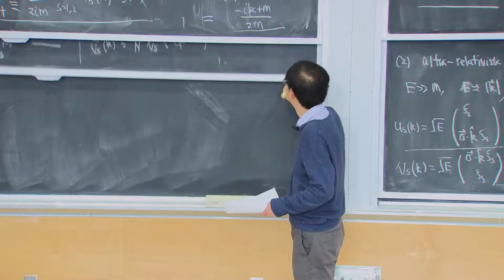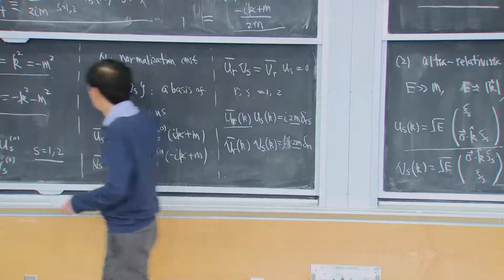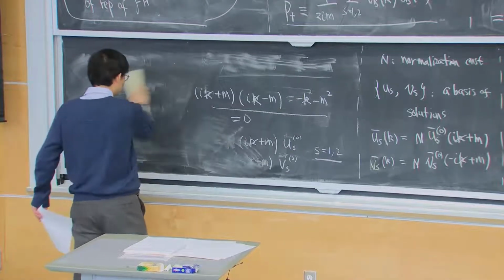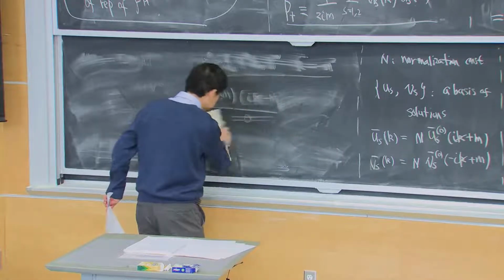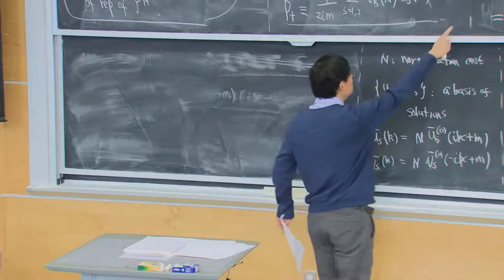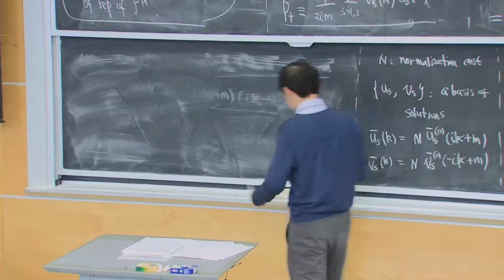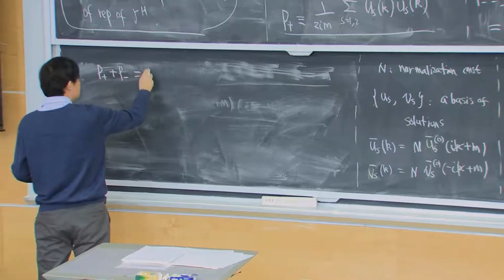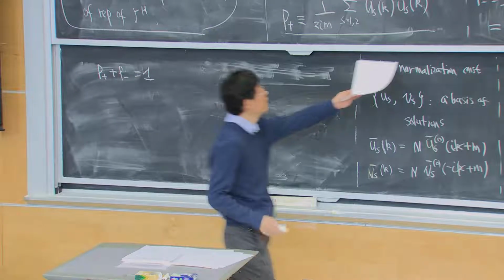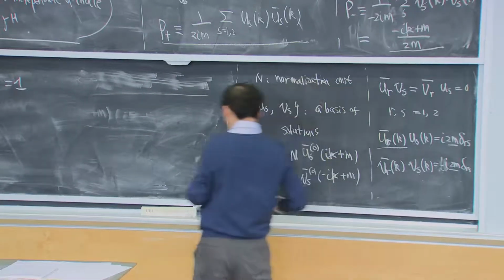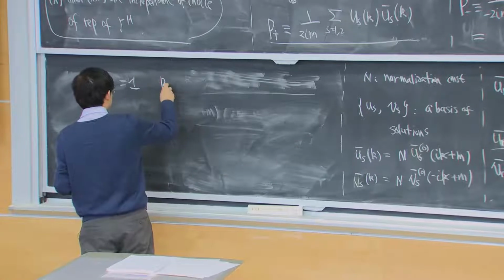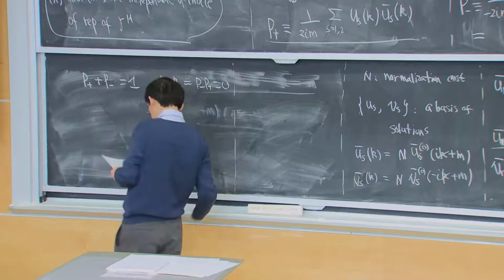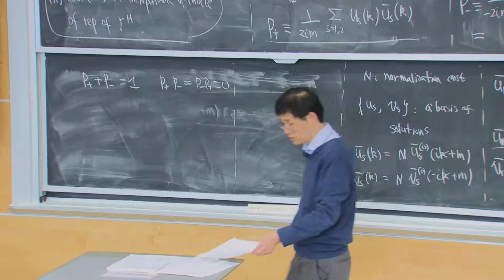And from these two expressions, P plus and P minus, you easily see that P plus plus P minus equals 1. And using the expression I just erased, taking the product, P plus P minus is equal to P minus P plus equal to 0. Okay. So indeed, they are just orthogonal projectors into different spaces.